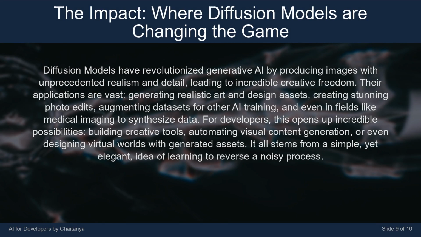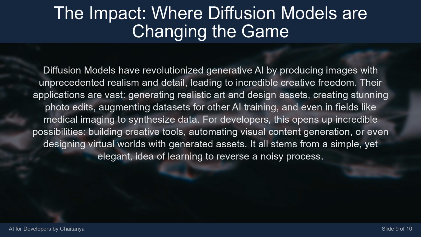Diffusion models have revolutionized generative AI by producing images with unprecedented realism and detail, leading to incredible creative freedom. Their applications are vast, generating realistic art and design assets, creating stunning photo edits, augmenting datasets for other AI training, and even in fields like medical imaging to synthesize data.